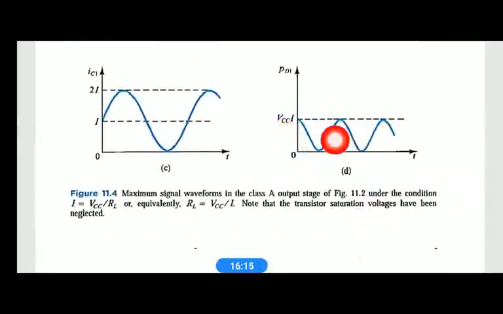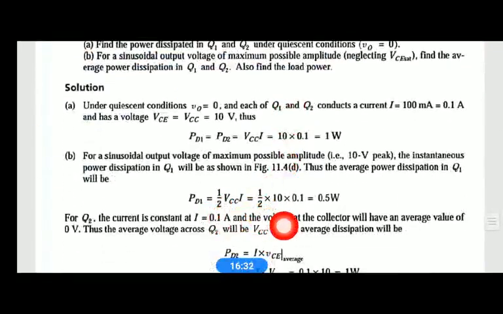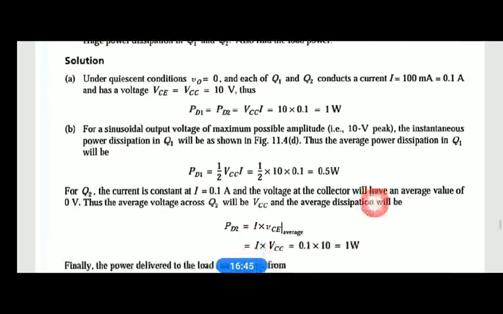We'll take the average here, half of VCC into I. The half means exactly the middle, which is half of VCC into I. So half into 10 into 0.1 is 0.5 watt, the power dissipated, right?